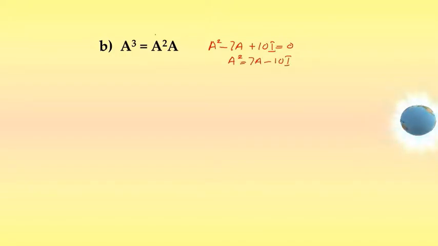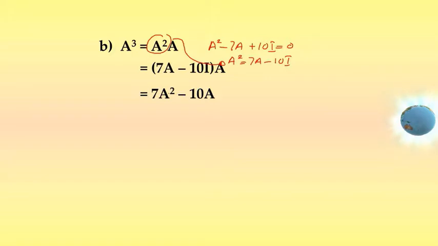Then we need to substitute this A squared with this expression, so we can get 7A minus 10I times A, and then we can expand these expressions to become something like this. Now we have A squared again. In the statement that we have to show, we don't have any term of A squared, so we have to substitute A squared again with this statement.